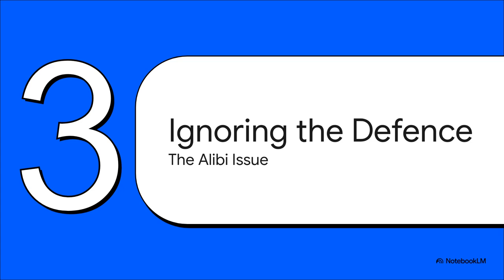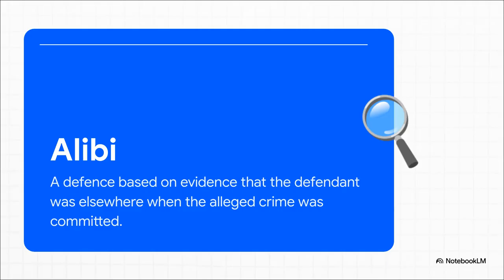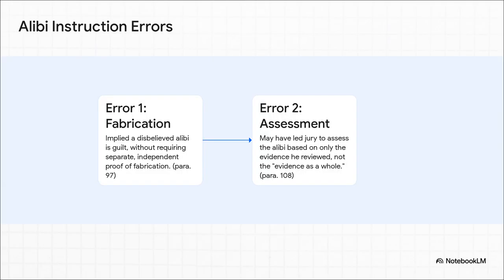It had to do with Baltovich's alibi. So what's an alibi? It's pretty simple, right? It's just a defense that says, hey, I couldn't have done it because I was somewhere else. In this case, Baltovich claimed he was at home with his family during the crucial time window. And the judge made two huge errors when explaining this to the jury. First, he basically told them that if they didn't believe the alibi, they could use that disbelief as proof that he was guilty.